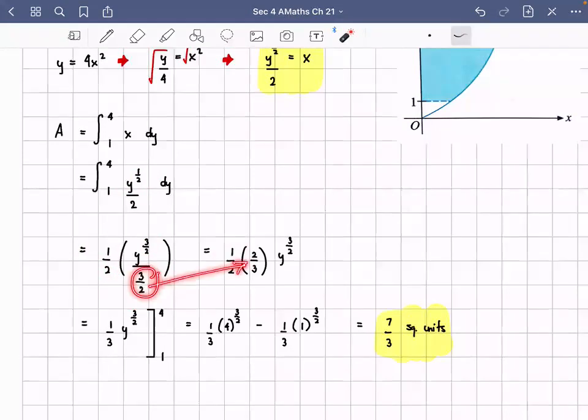That's why it became 2 over 3, and then you proceed to multiplication. So we can cancel out 2 and 2 right here. So we're only left with 1/3. That's why we have 1/3 here, and then just bring down y raised to 3 over 2. So this is now the antiderivative of this one. This is the process.